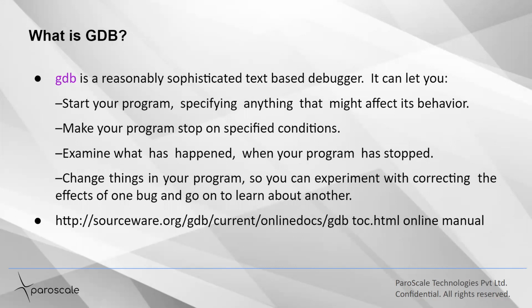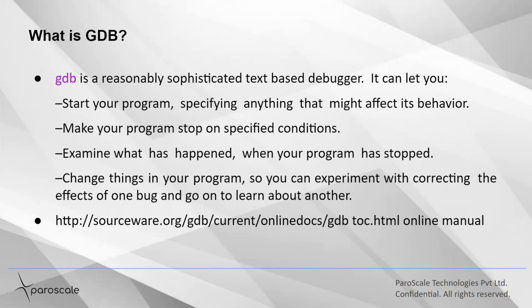GDB is a reasonably sophisticated text-based debugger. It can let you start your program, specifying anything that might affect its behavior, make your program stop on specified conditions, examine what has happened when your program has stopped, and also change things in your program.